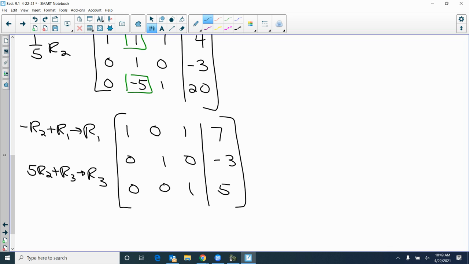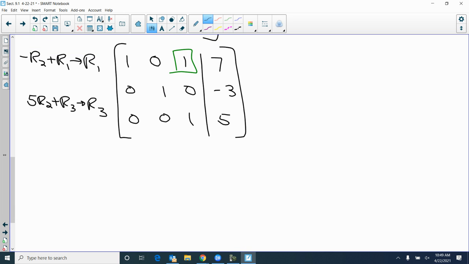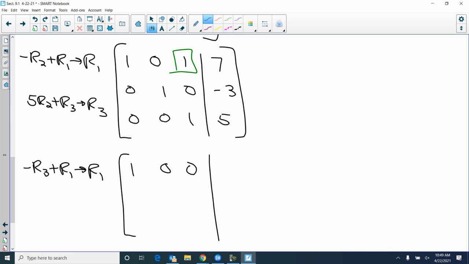And then the last thing I got to do is make the 1 in row 1 a 0. And then you can take negative row 3 plus row 1 back in for row 1. So that still stays 1, 0, 0, and then that becomes -5 plus 7 is 2. 0, 1, 0, -3, 0, 0, 1, 5.